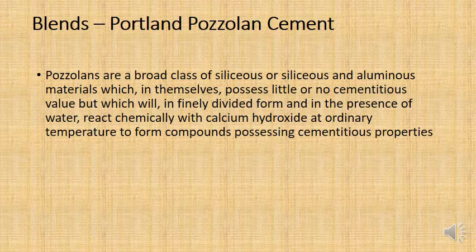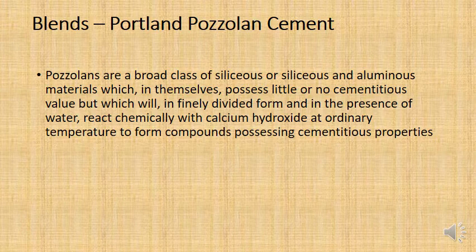It does a little bit, but it's not very strong. However, if you mix pozzolan with Portland, what happens is the pozzolan, the silica and aluminas in the pozzolan, will react with the Portland cement, the tricalcium silicates, dicalcium silicates, and tricalcium aluminates.